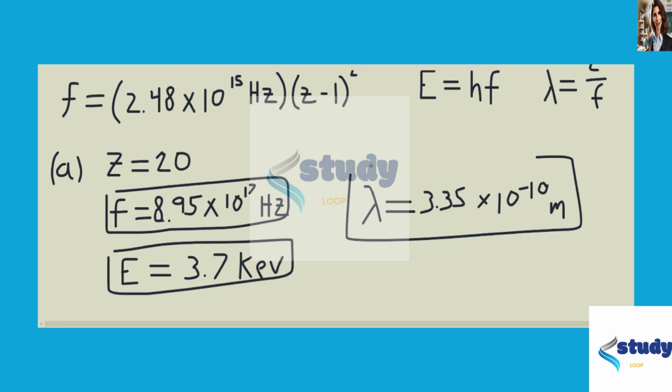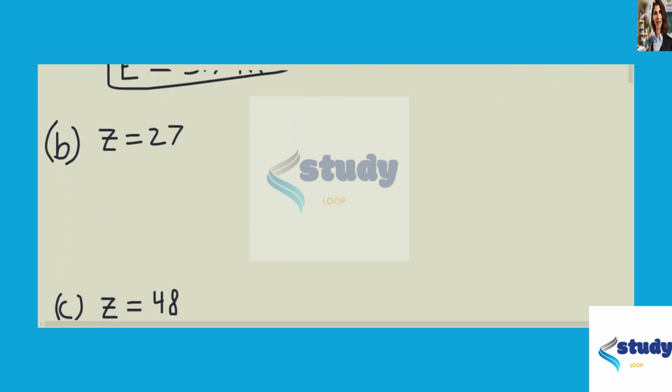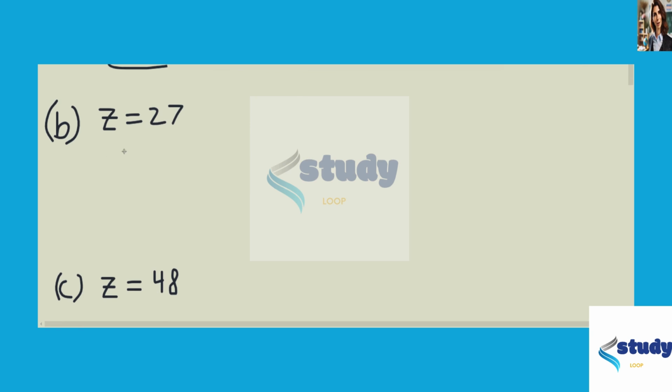Now for B, we're doing the exact same thing, but this time Z is equal to 27. So we plug in 27 for our Z value in the equation for frequency, and this gives us a frequency equal to 1.68 times 10 to the 18 hertz.